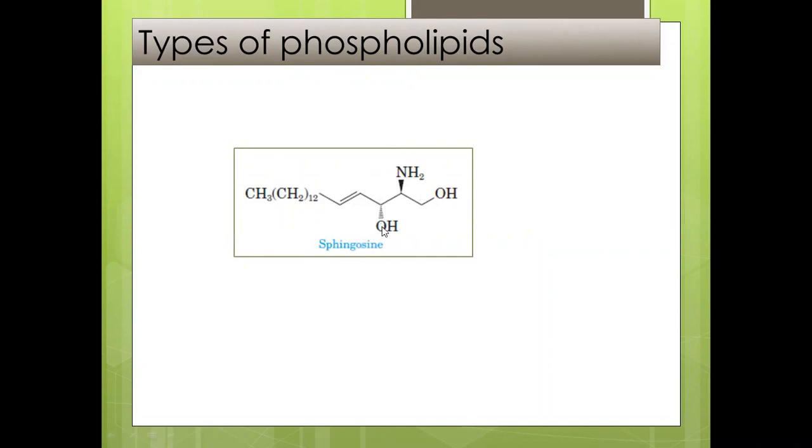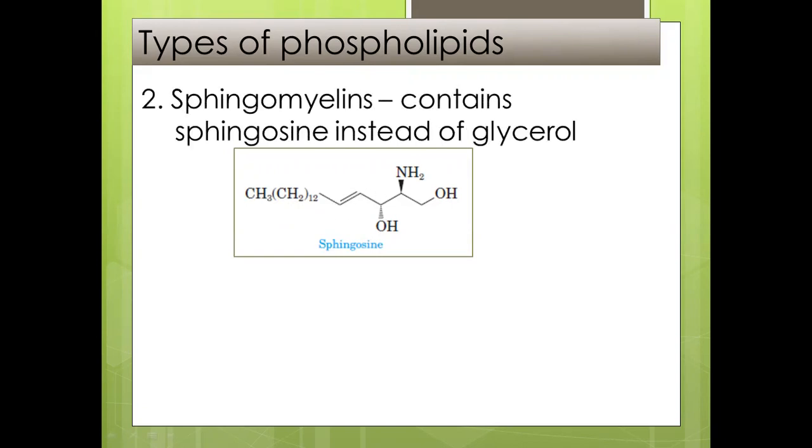And on the third carbon, instead of OH, there is a carbon chain, 13, 14, 15, and there is a double bond near the third carbon. So the sphingomyelin contains sphingosine instead of glycerol.